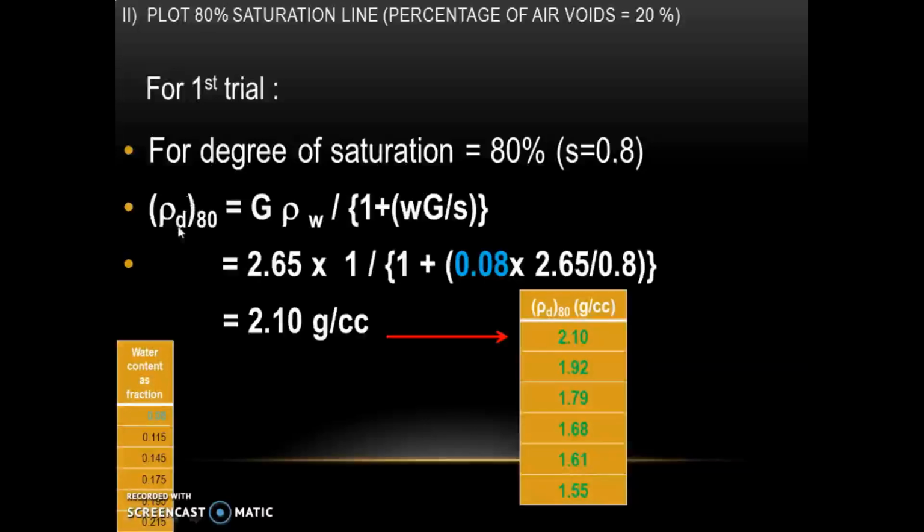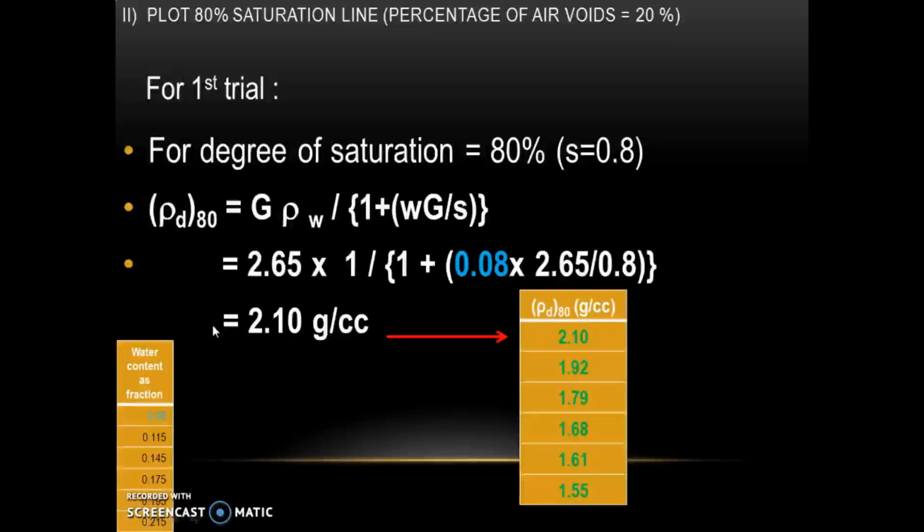We will consider the same formula which we had used for calculating dry density for the 100% saturation line, that is rho d for 80 is equal to G into rho W divided by 1 plus e. e is nothing but WG divided by S. G value is 2.65, density of water is 1 and 1 as it is, plus water content is 0.08 for the first trial into G is 2.65 and S value is 0.8.